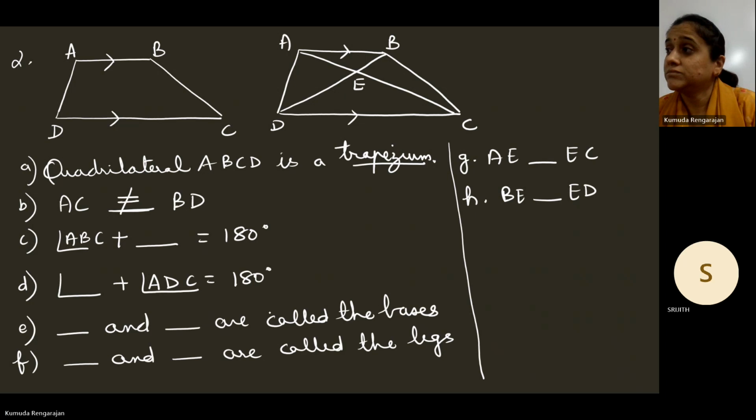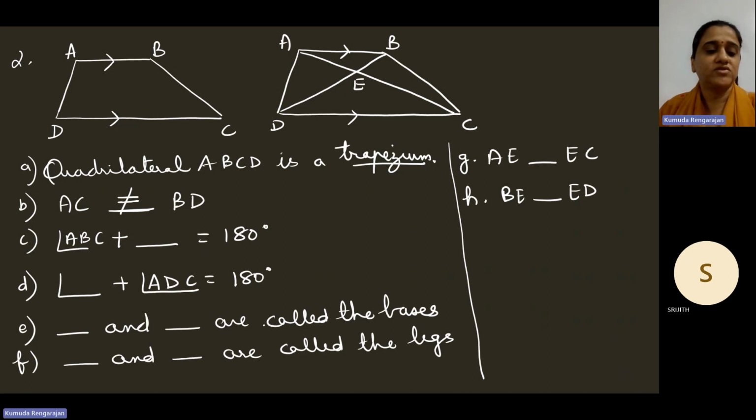You can give a different answer. I didn't acknowledge the answer. Yes, Srijit, for C, angle ABC plus dash is equal to 180 degrees.